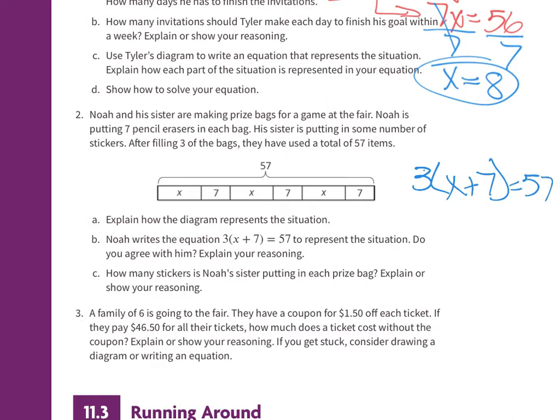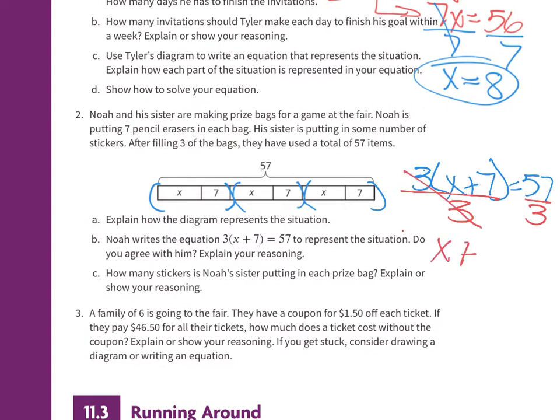Okay, so do you agree with him? Yes, there's 3 groups. Here's the first group, here's the second group, here's the third group. So 3 groups of x plus 7, and it equals 57. So how many stickers? We need to solve for x. So divide by 3, because there's parentheses. We need to get rid of those first, and we do that by dividing.